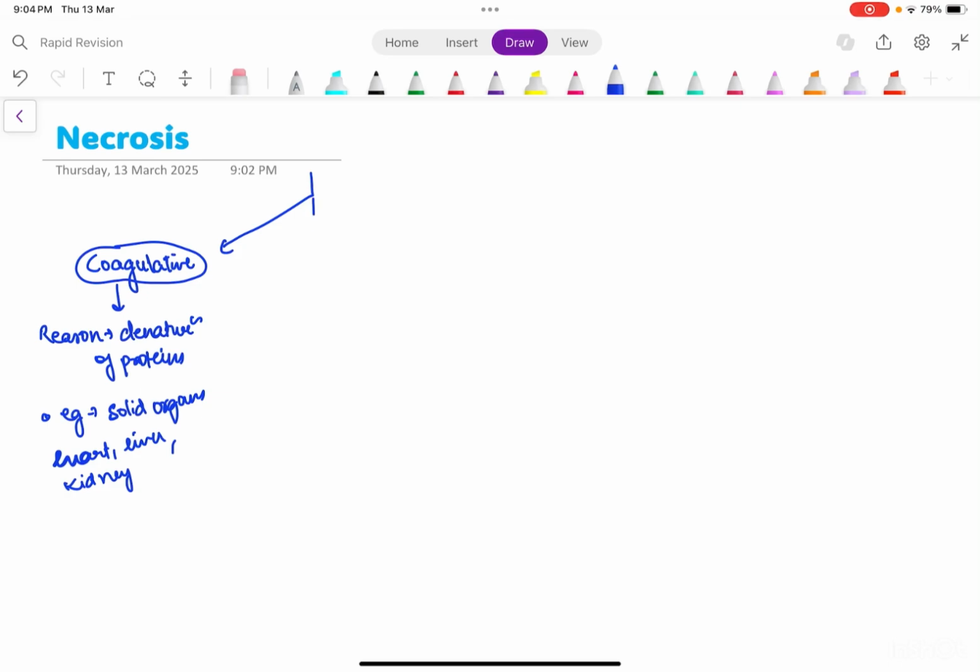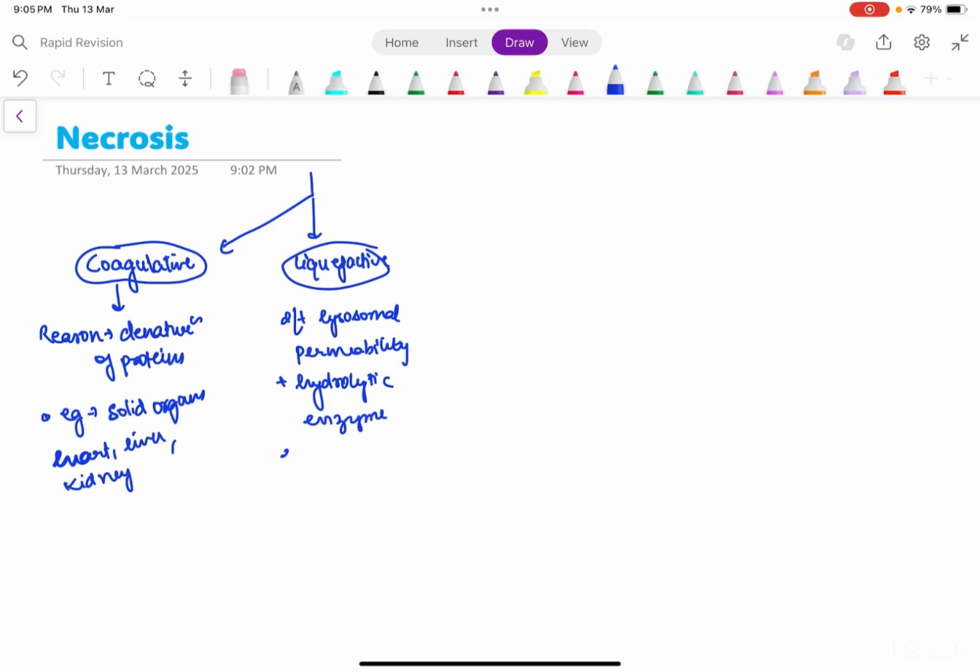Okay, then second is liquefactive. Now liquefactive is due to lysosomal permeability plus hydrolytic enzymes. Okay, now here you have to remember the example of brain and infection.